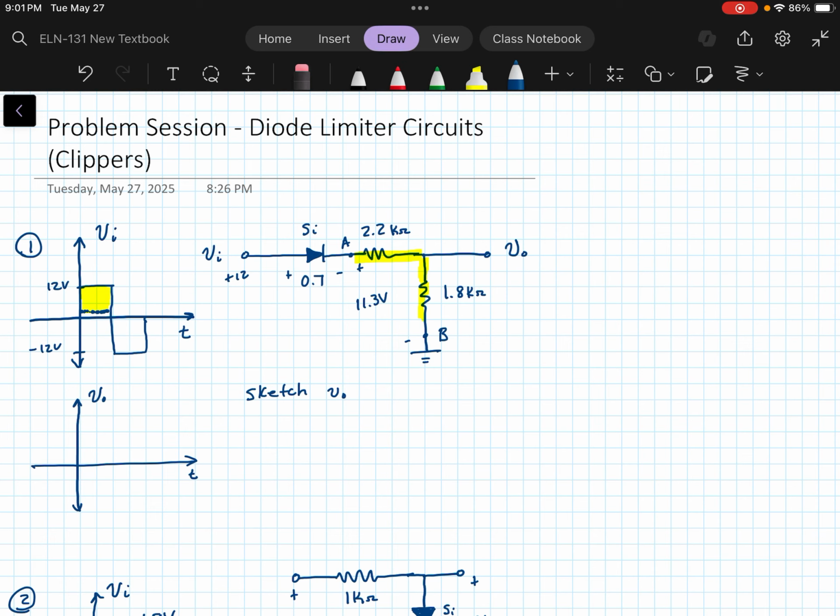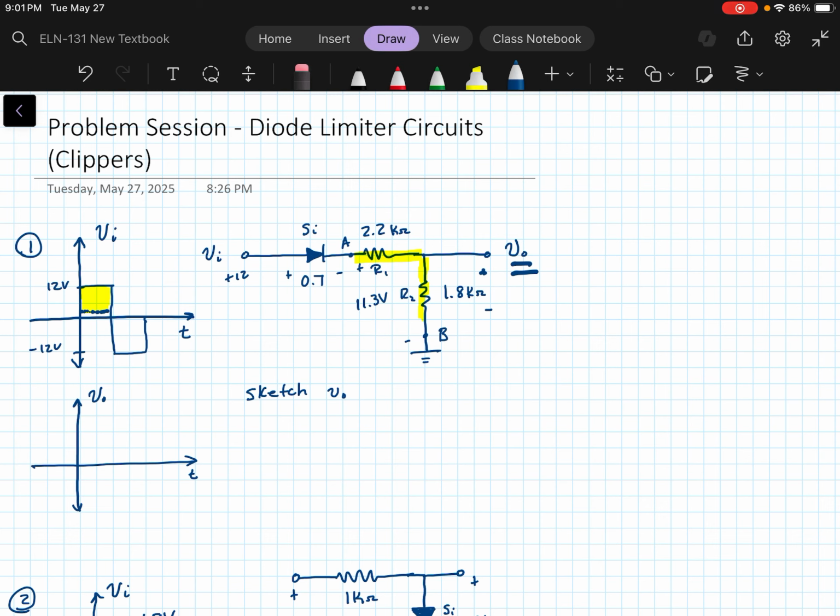I'm going to use the voltage divider rule to figure out what the voltage would be across this 1.8K, because remember, that is really what V out is.